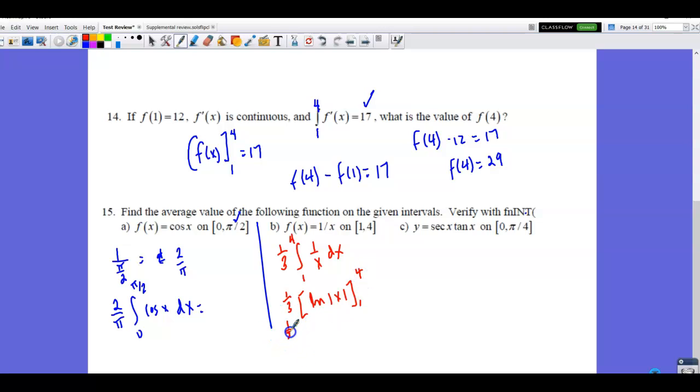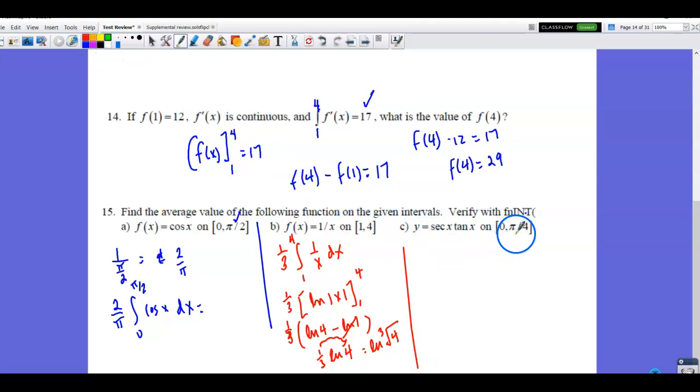That's 1/3 ln of 4 minus ln of 1. The ln of 1 is 0, and so we have 1/3 ln of 4. We could use log properties, and we could make that ln of the cube root of 4. That's just another way we could write the final answer.